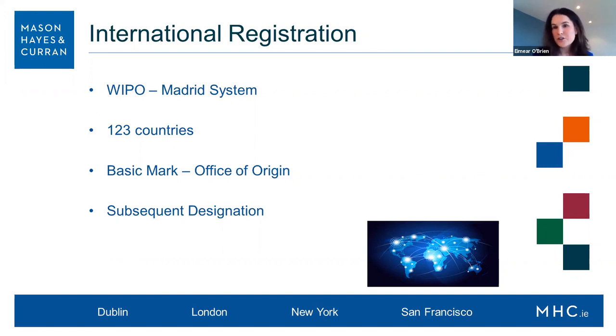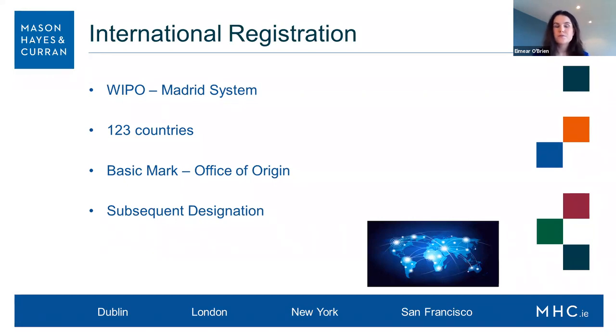If it's not, then you can look at a national registration in those countries. But by and large, we find that the vast majority of countries clients are looking at will be covered by the Madrid system. And to give you an example of some recent additions, in 2019, Canada joined, as well as Brazil, Samoa, and Malaysia. So we now have 123 in total, and many more may join.